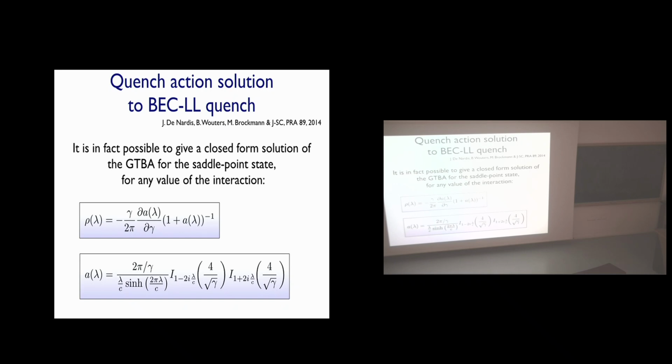It's essentially the only case where you can get an analytical form for an equilibrium state. But magically, in this quench case, somehow the simplicity of the initial BEC state has been imprinted on the steady state. And there's some analyticity in there that we don't understand the deep meaning of, but somehow it's there. Okay, so you get these Bessel functions that describe that.